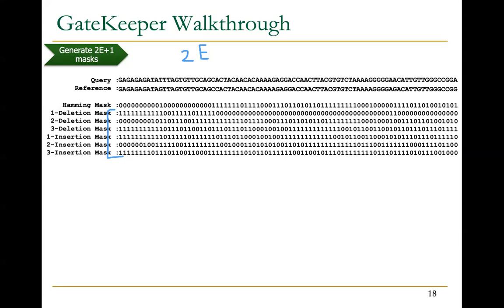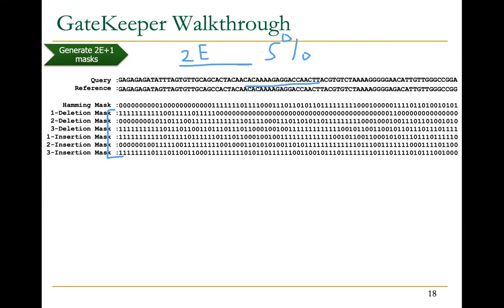This is set by the user, but normally for most genomic studies, it's 5% of the read length. If this sequence is 100, then this is 5. So if E is equal to 5, then we need to build 2E, which is 10 of these vectors, plus the Hamming distance vector, that is 11. So 2E plus 1, right?